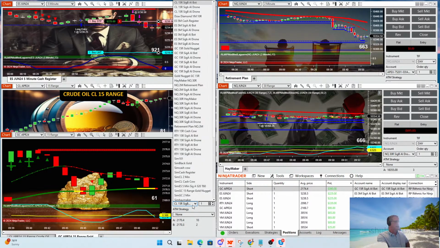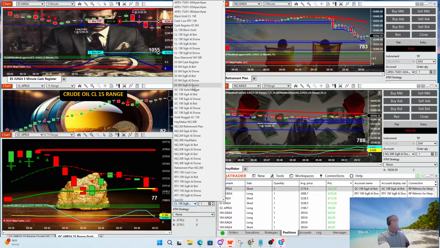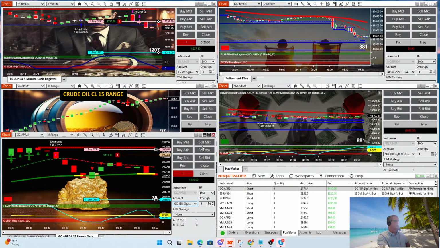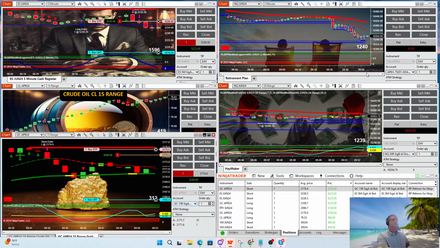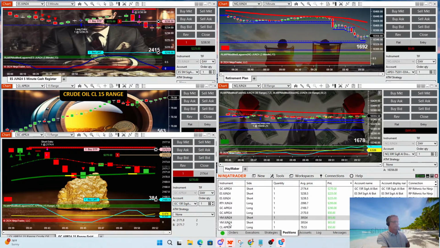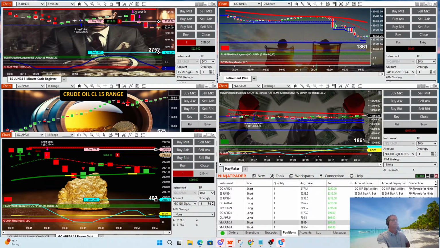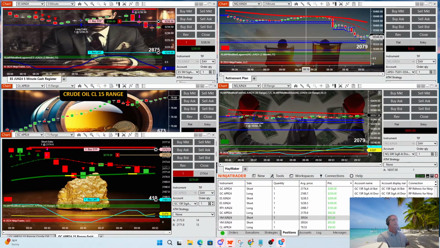Signal A, I bought. This goes up, this chart up on my top right is going to take a long entry.